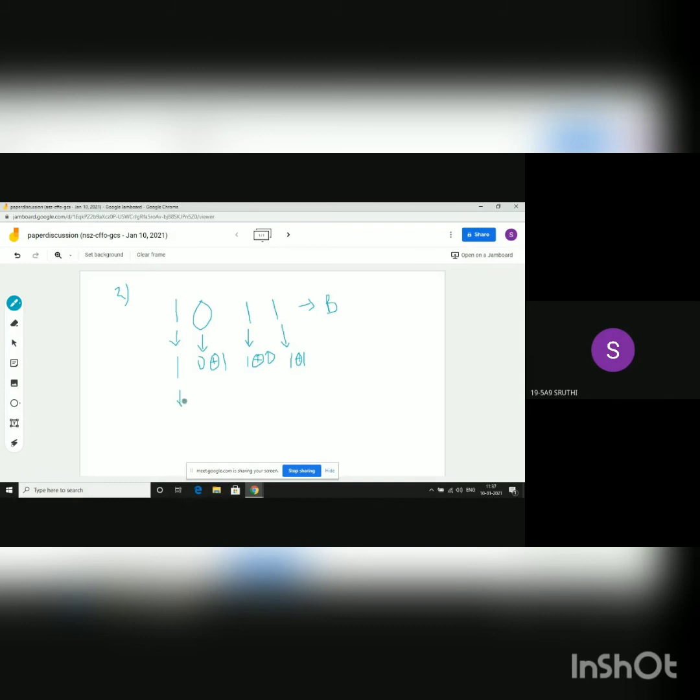So the final gray code will be 1, that is keeping the most significant bit same. 0 XOR 1 represents 1. 1 XOR 0 represents 1. 1 XOR 1 represents 0. So this is the final gray code which we get.